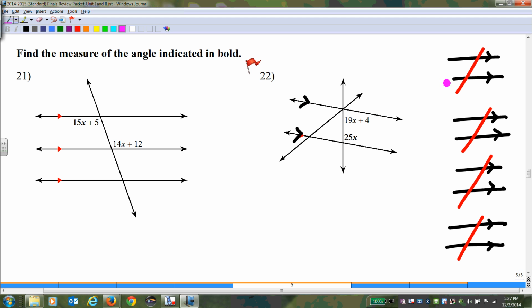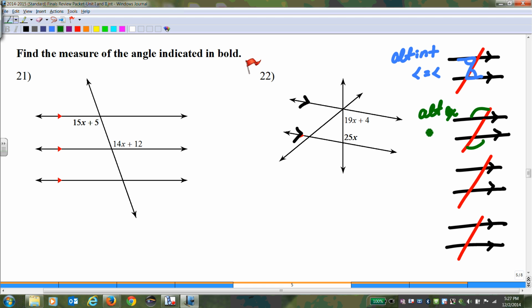Okay, so when lines are parallel, watch these. Ready? These guys are alt-in, so alternate interior angles, that's angle equals angle. You should remember these. That's the armpits of the Z. Alternate exterior would be like this.